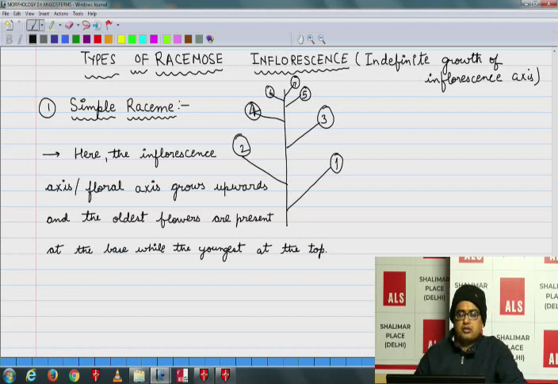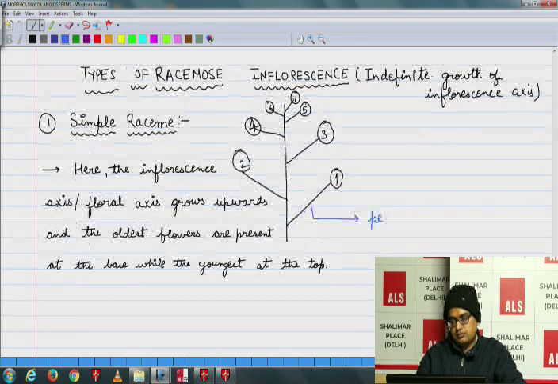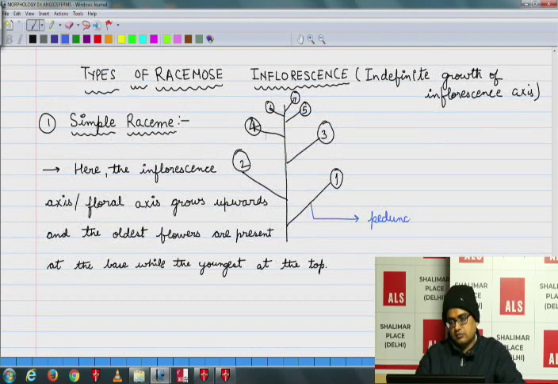Okay. Now there is one more thing. What is this stem called? Can you name it? What is this part called? It is called the peduncle. Peduncle.